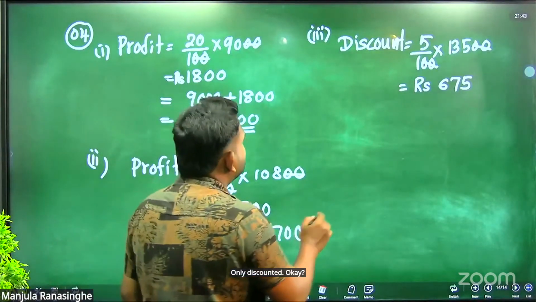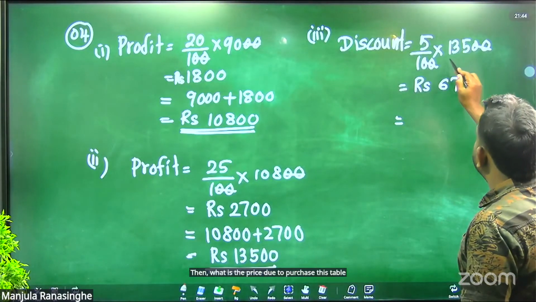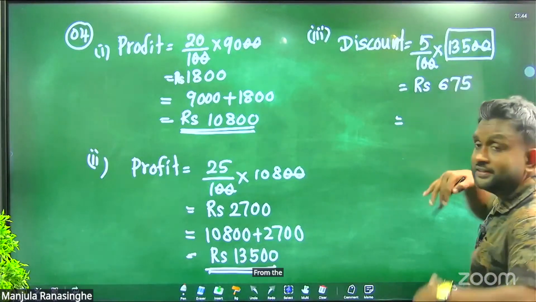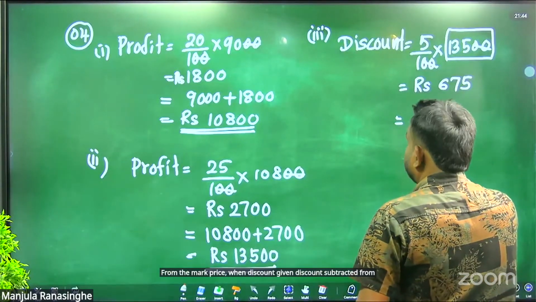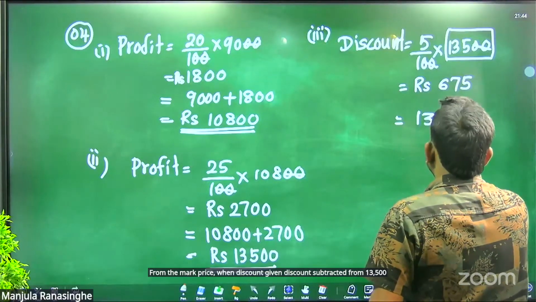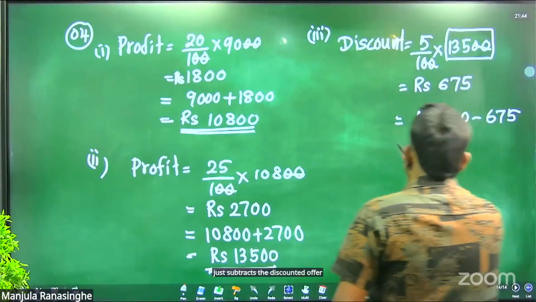Then what is the price to pay to purchase this table? From the mark price, when a discount is given, the discount is subtracted from the 13,500 mark price, just subtract the discount offer 675.